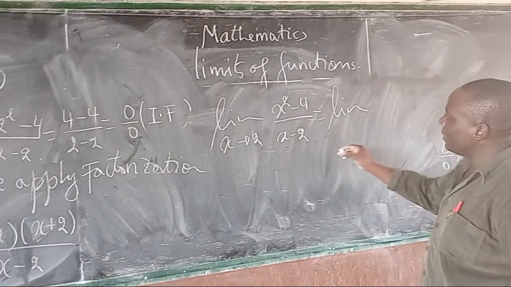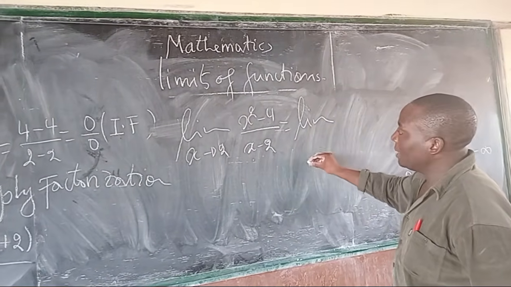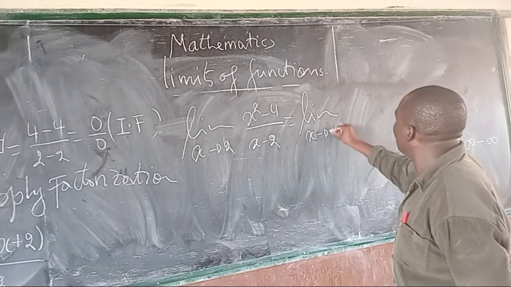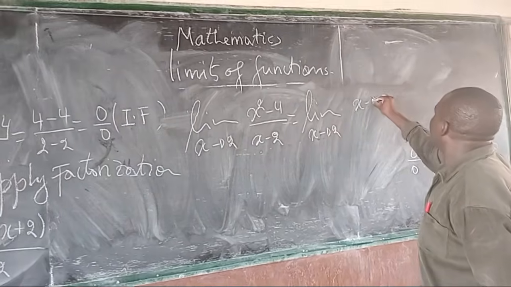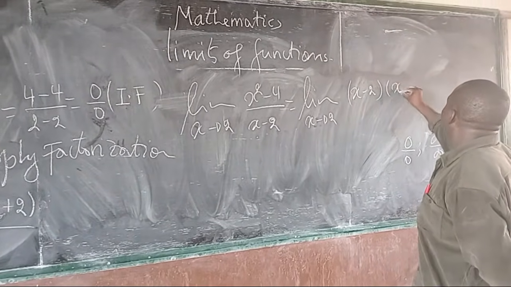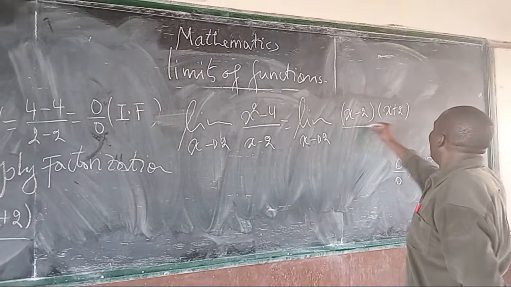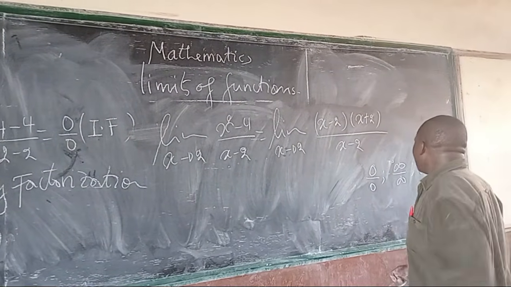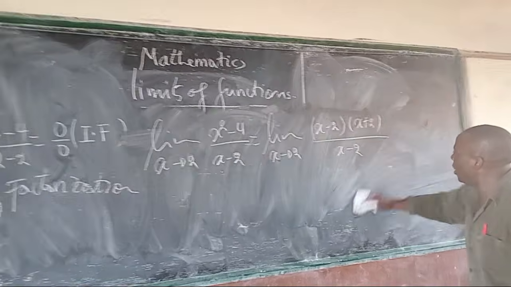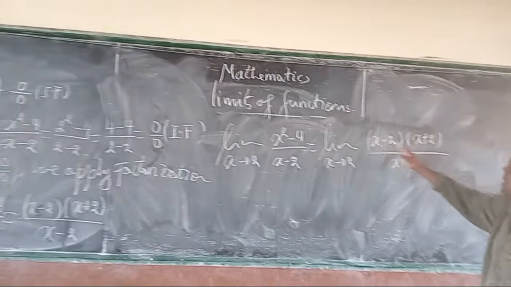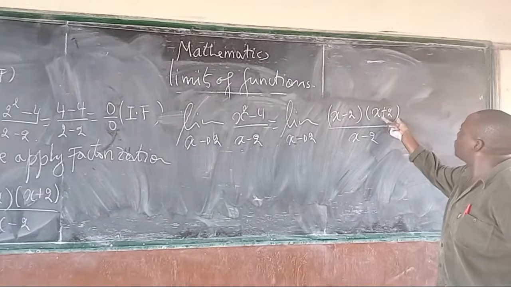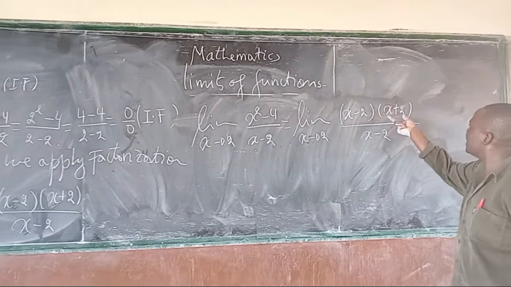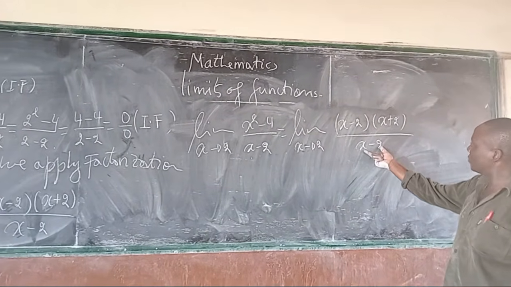It is like the limit where x approaches 2 of (x - 2)(x + 2) over (x - 2). As you see here, teachers, on the numerator I get a product of two simple factors, this one times this one, then over this one.